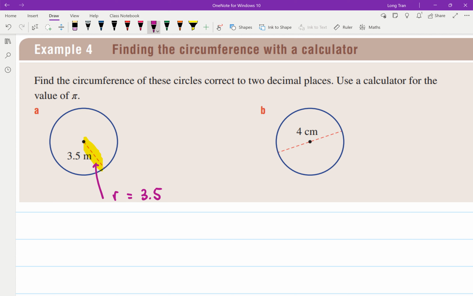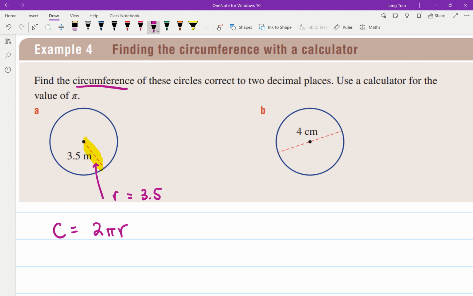They want you to find the circumference of these circles. So circumference, you've got your formula. I asked you to copy it down before. There are two versions of it. C, which is for circumference, is equal to what again? So in your notes, what's the circumference formula? We had 2 pi r.